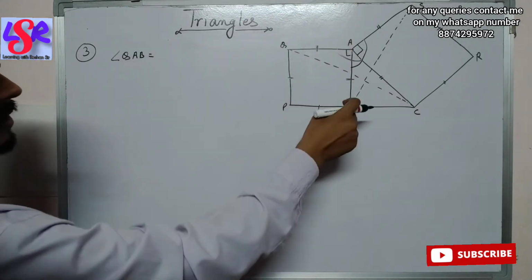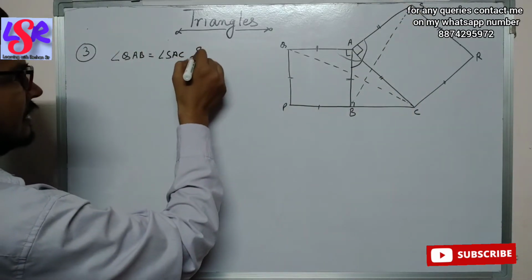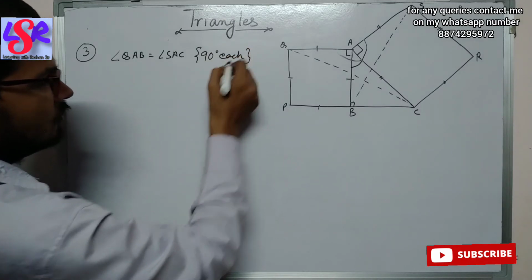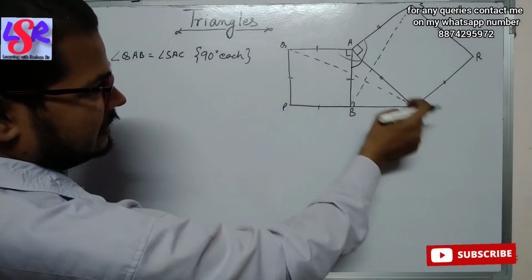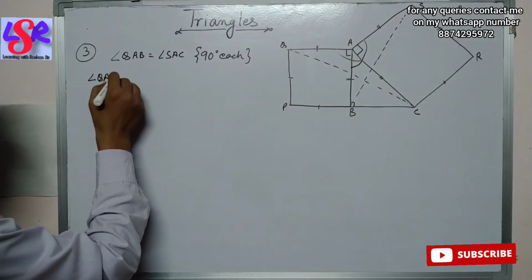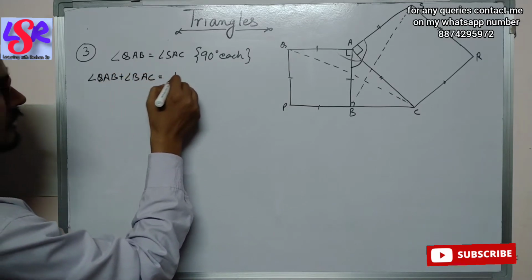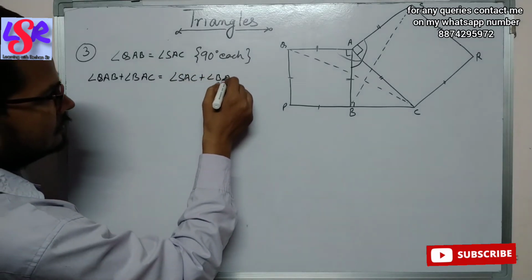Angle QAB equals angle SAC, that is 90 degrees each, as they both are the vertex angle of a square. Now we are going to add the common portion BAC on both sides. So angle QAB plus angle BAC equals SAC plus angle BAC.